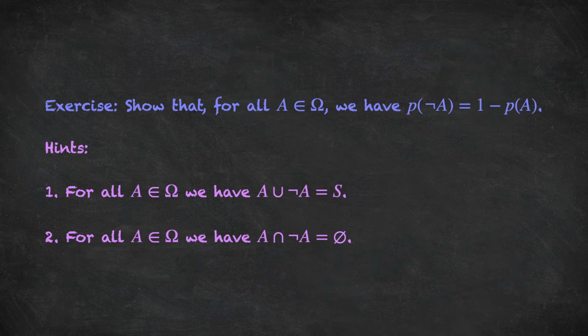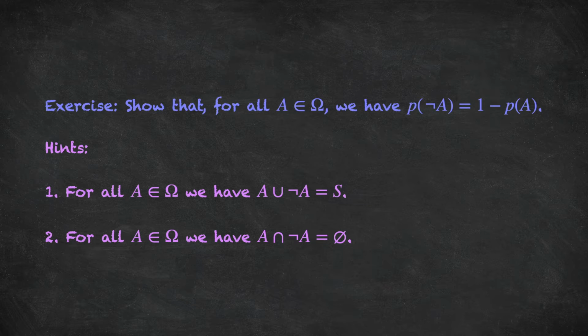So the first hint is that, well, if we take any event and we take the union of A and not A, then that's the whole state space. So all of the states that are in A, union with all of the states that are not in A, that is all of the possible states.